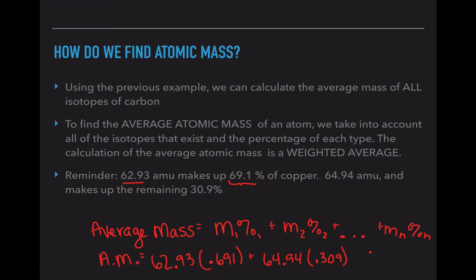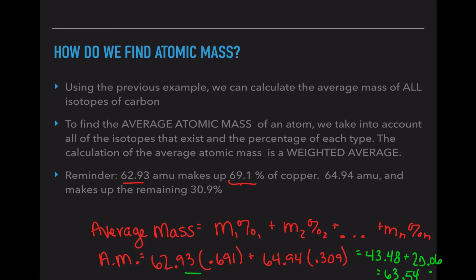So as we calculate 62.93 times 0.691, this first value, I'm going to write it over here in green, is 43.48. The second value, 64.94 times 0.309, I'm going to write in green also, is 20.06. And when we add these together, we get a value of 63.54, which should match the number on the periodic table.